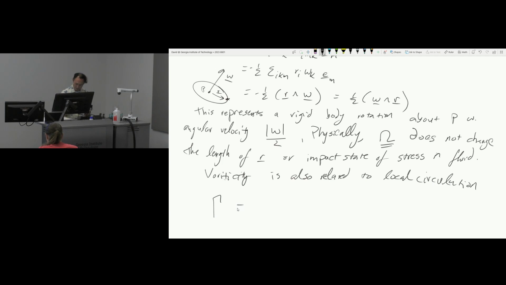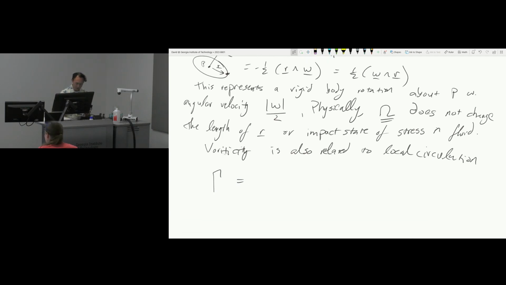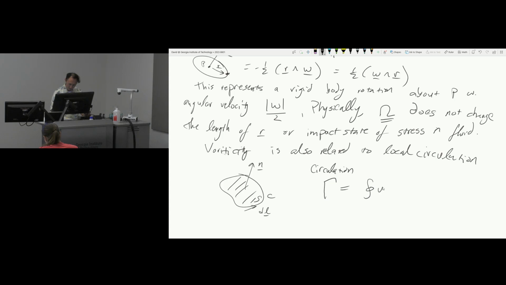But circulation is basically, here, let's draw a picture first. If I've got some surface area S that's bounded by this closed contour C, circulation is defined as the net velocity gain as you go around the contour.